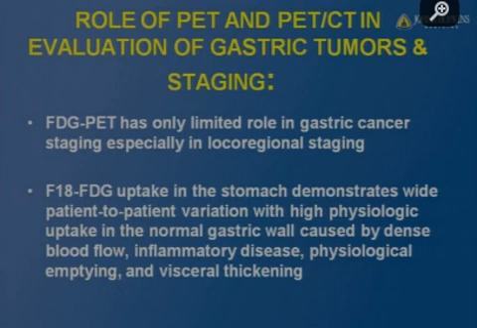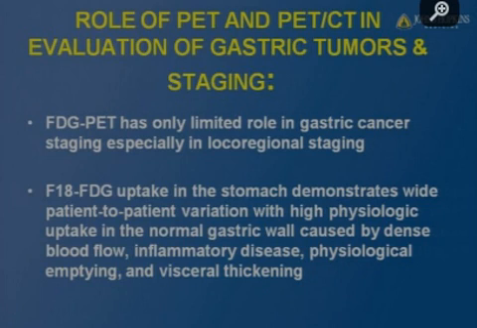PET and PET-CT in evaluation of the gastric tumors and staging. The articles are giving different information about it. FDG PET has limited role in the gastric cancer staging, especially if it is locoregional staging, due to intense activity in the gastric wall, preventing us to depict the lymph node activity.